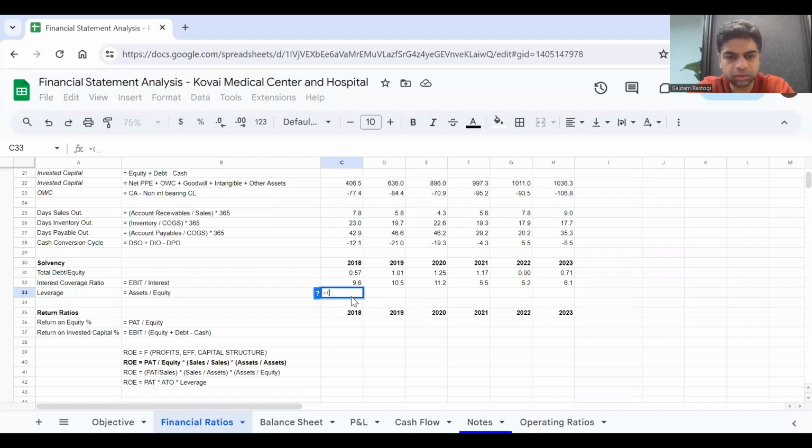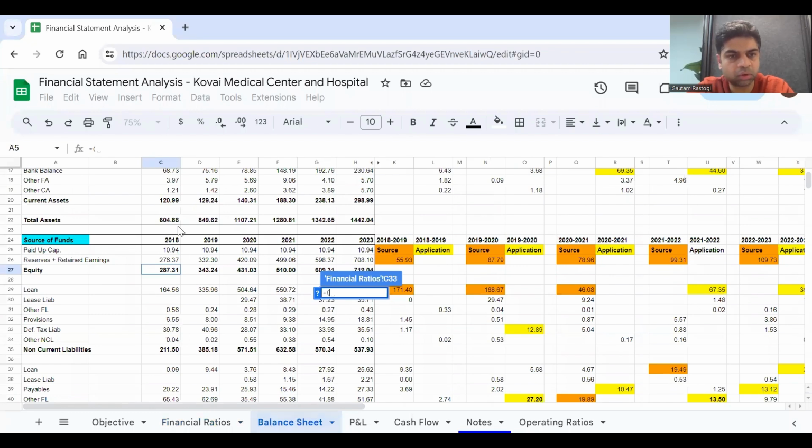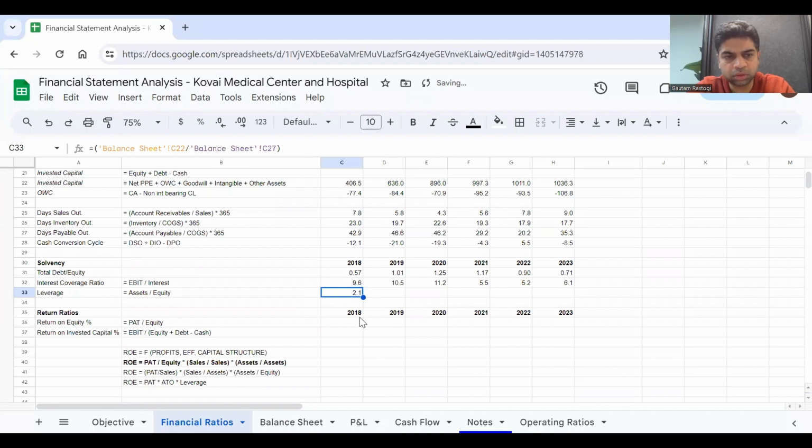So my total assets divided by total equity is in the 2.1 bracket. So it's above 2 all the way.